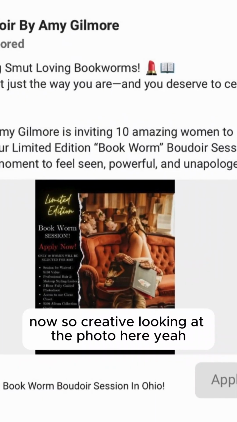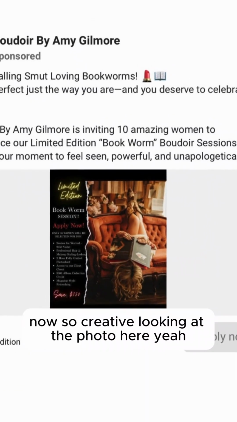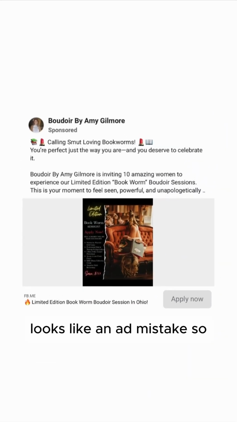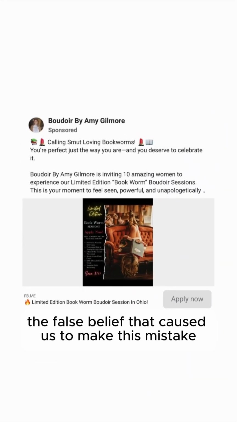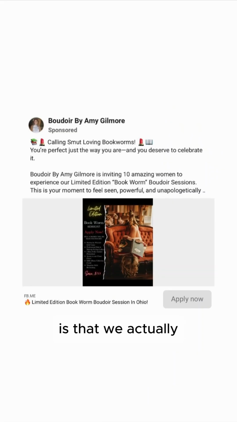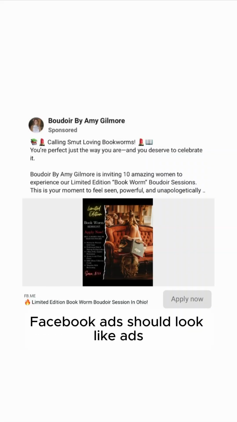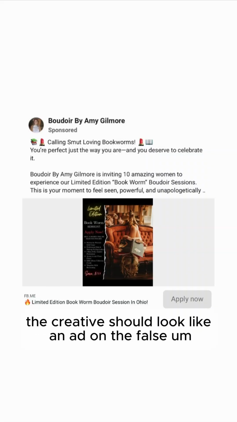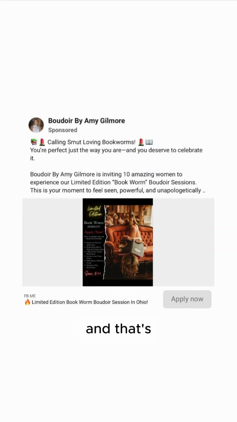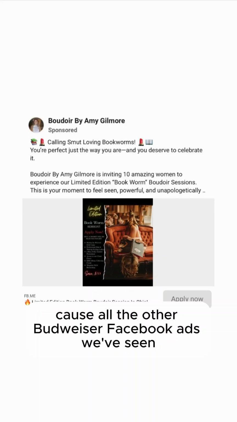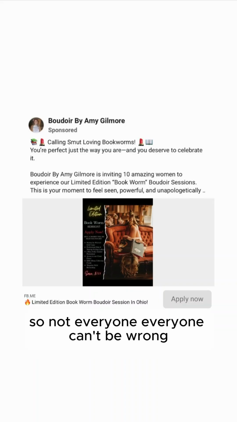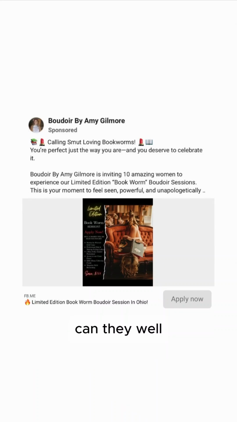Now, looking at the creative, the photo here, it looks like an ad. That's a mistake. The false belief that caused us to make this mistake is that we believe Boudoir Facebook ads should look like ads. The creative should look like an ad. That's because all the other Boudoir Facebook ads we've seen, they all look like ads. So everyone can't be wrong, can they?